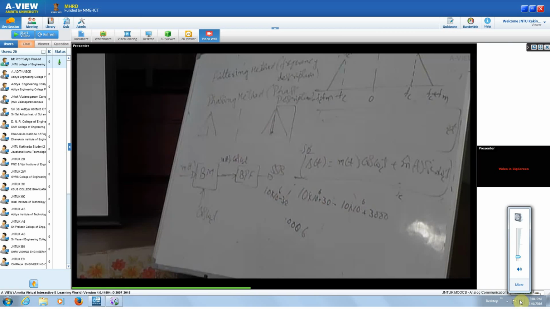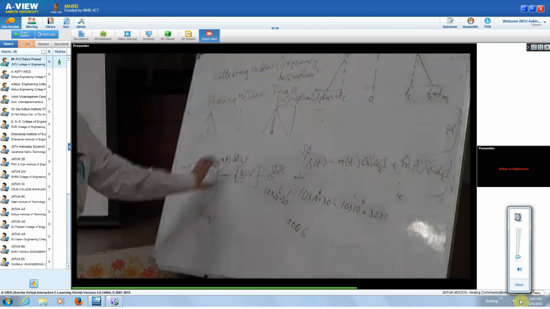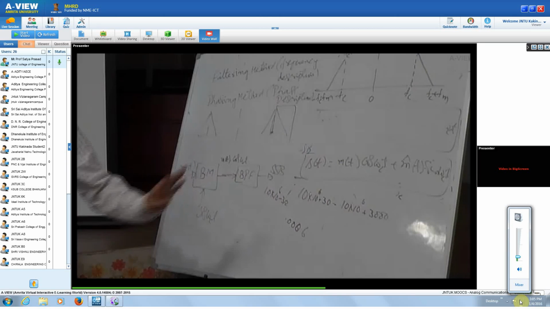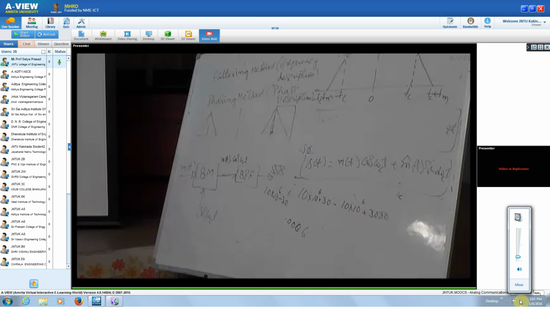Therefore, this will not be of use. What is it that we can do? Instead of going for a single stage conversion to get your required carrier frequency, you have a number of stages.